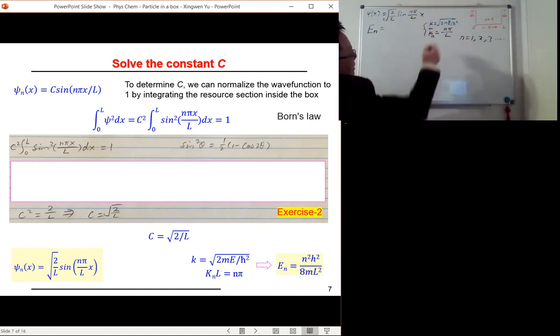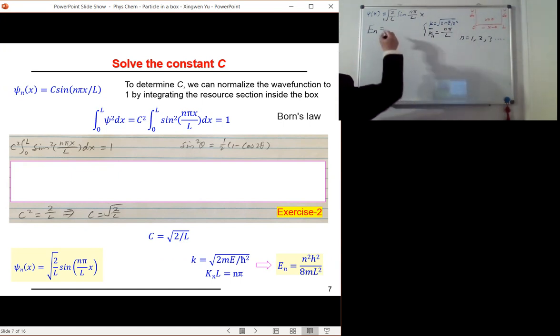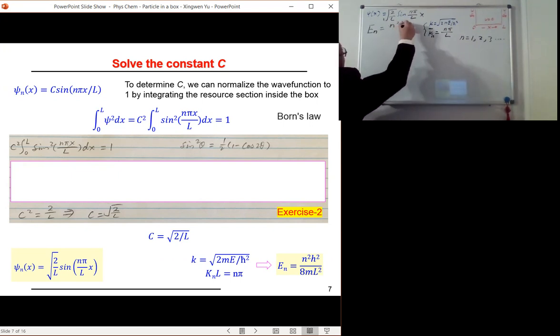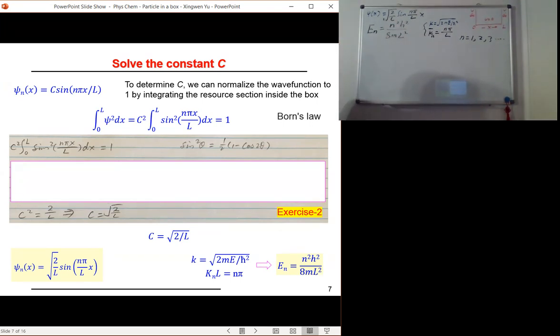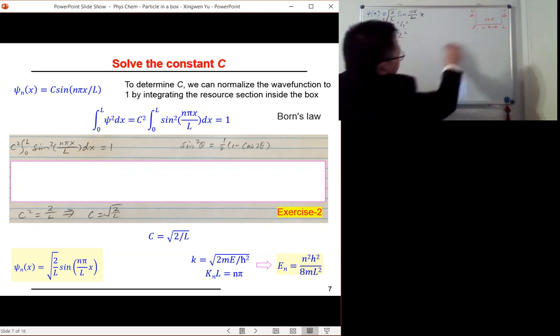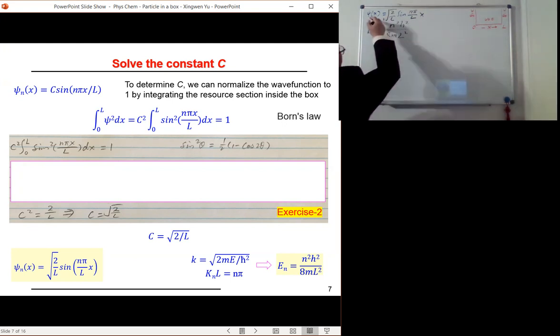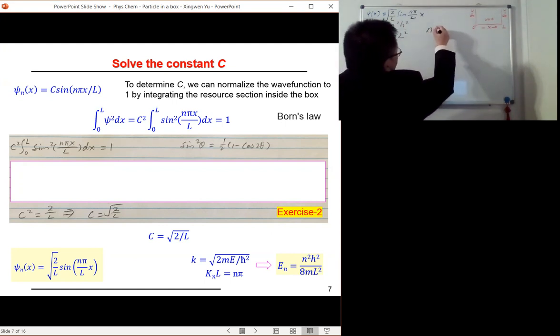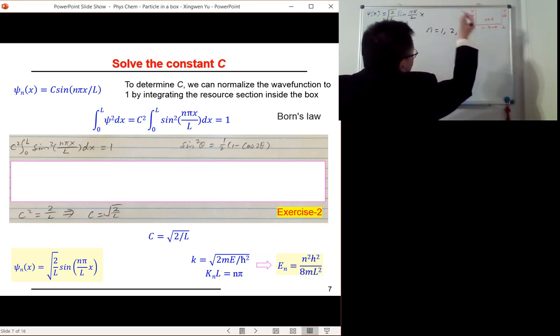En would be n squared h squared over 8 m L squared. So now we have the two equations for the wave function psi and the energy level, where n is 1, 2, 3, and so on.